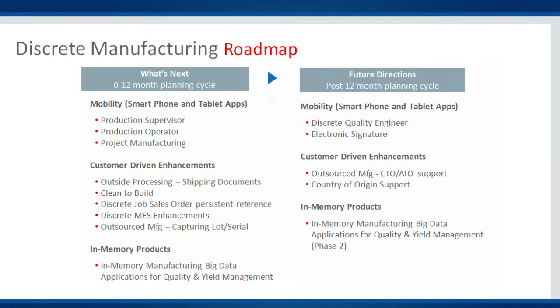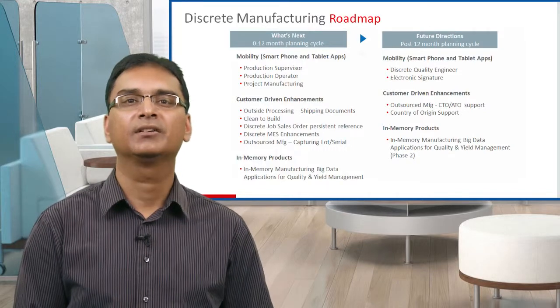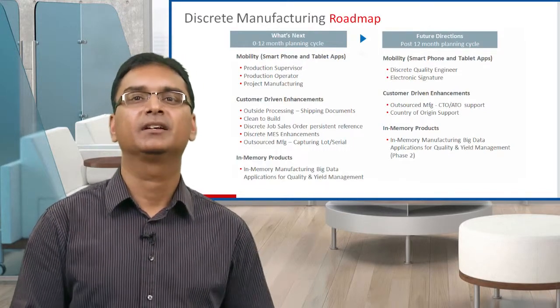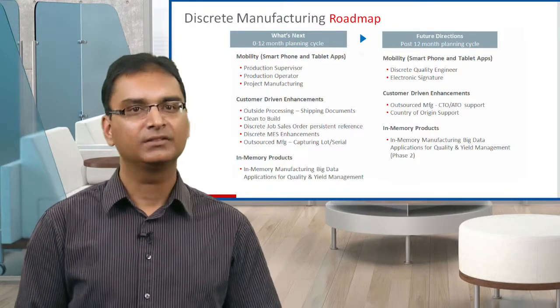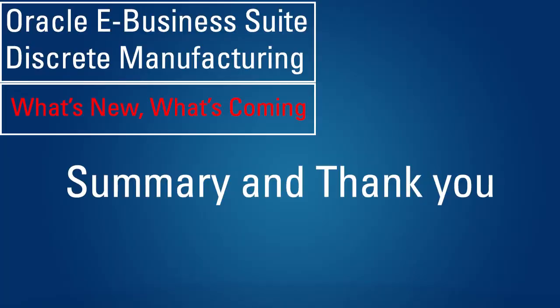In terms of in-memory products, we're planning to come up with a bunch of applications that address the quality and the yield management aspect, utilizing the new technologies which are available now, and essentially having a big data solution to manufacturing. Please look out for more information on that from us going forward.